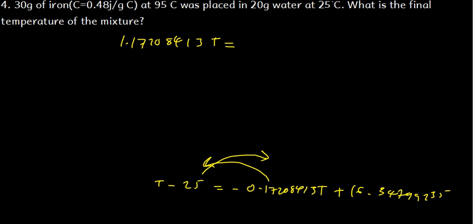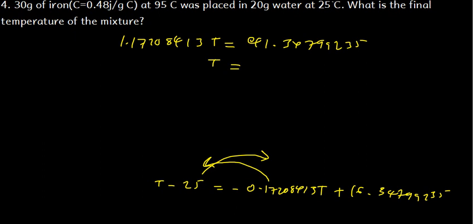16.34799235 plus 25. So that gives a value of 41.34799235. So to remain with the T, I'm going to divide by 1.17208413.